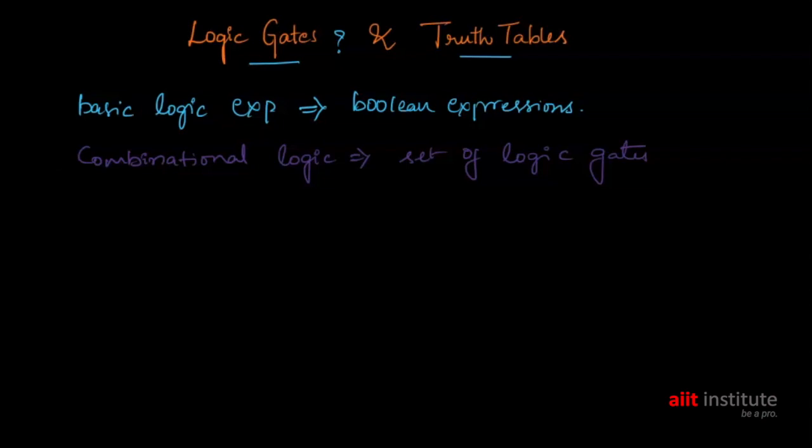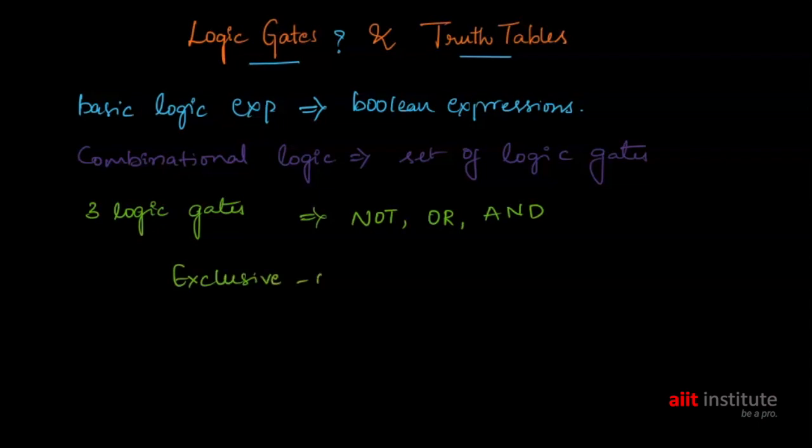There are basically three logic gates: NOT, OR, and AND. And there is also one more logic gate, which is exclusive OR. So these are the basic logic gates which will help us in all of our Boolean expressions.